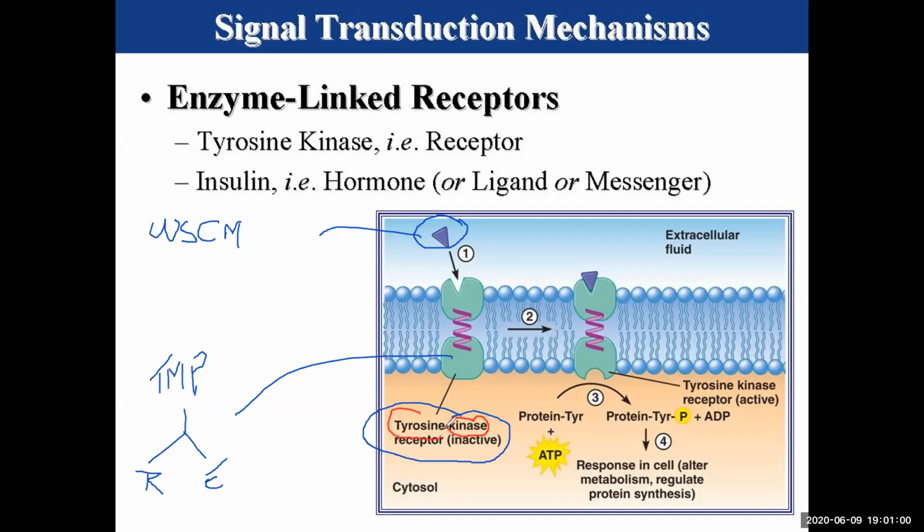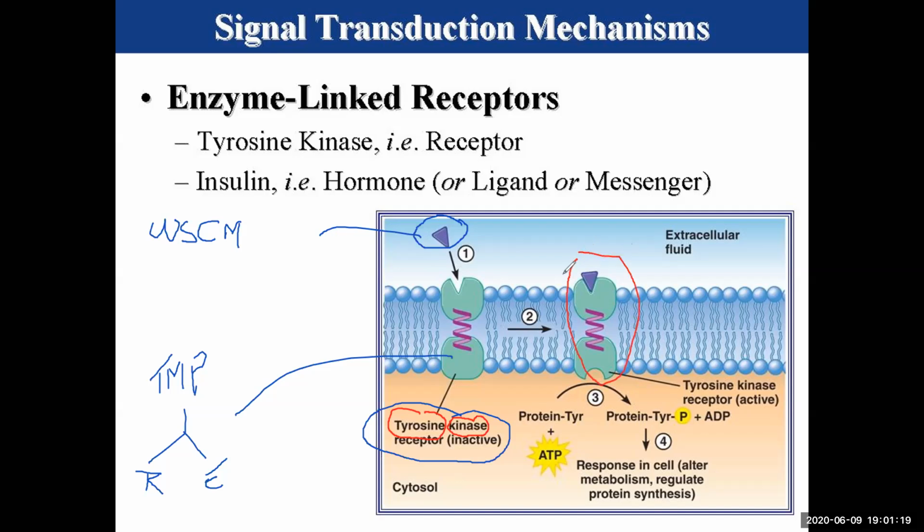So of the 20 amino acids, tyrosine is one of them. On every protein, you will have several tyrosine amino acids. And particularly, some targeted tyrosine will receive a phosphate. And that's done by this transmembrane protein.